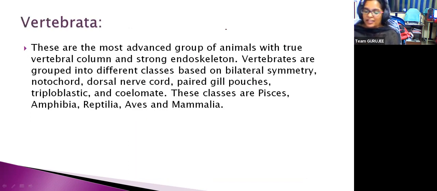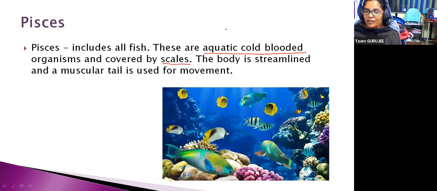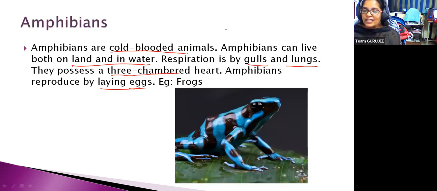Next, vertebrates, we have many classes here. First one is Pisces, fish. The body is covered with scales. They have a muscular tail, which is used in movement. Next one is amphibians. Amphibians are cold-blooded animals, and they can live both on land and in water.